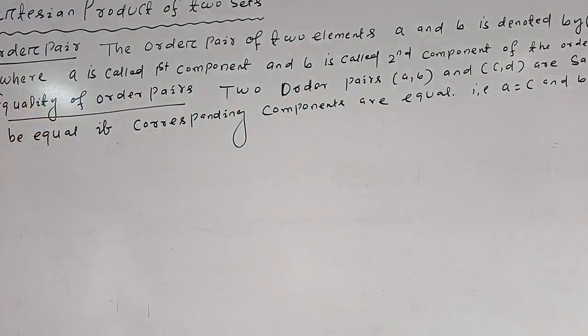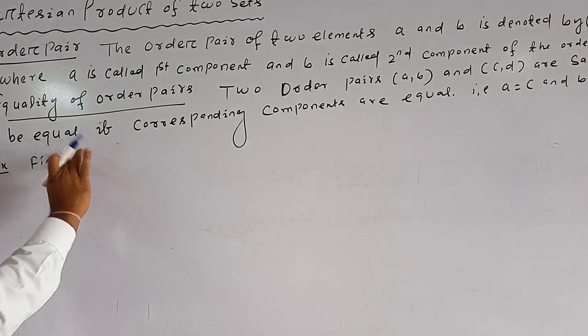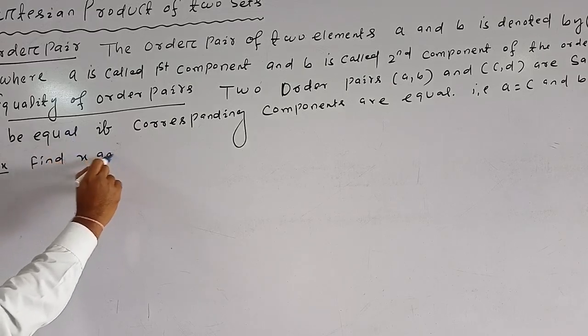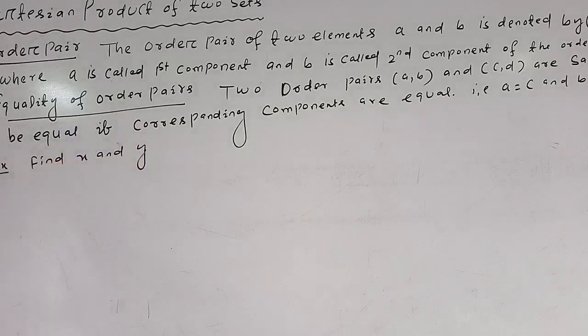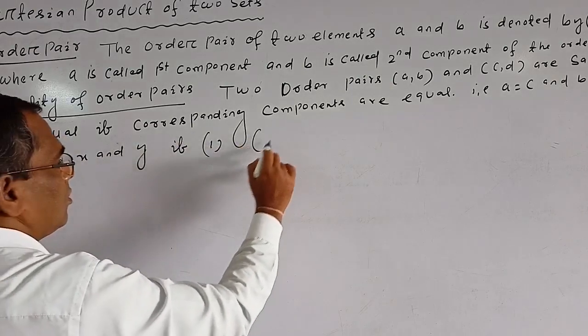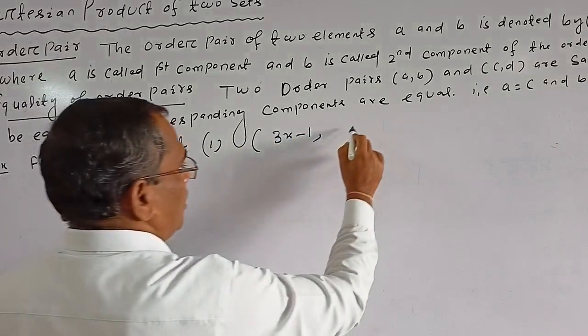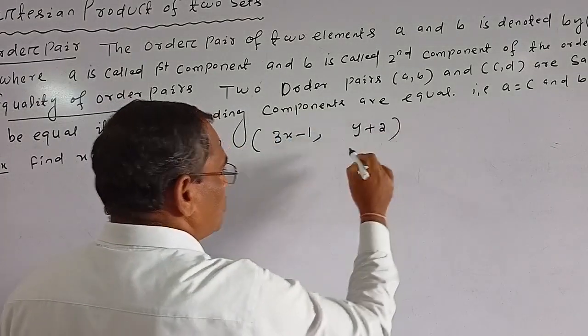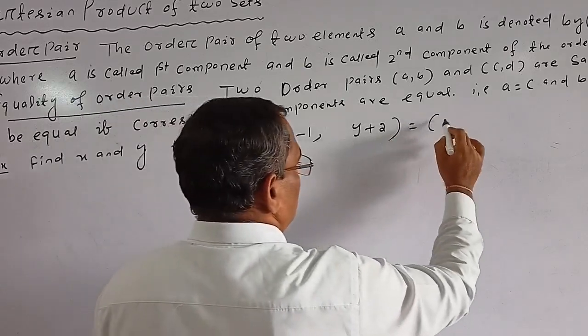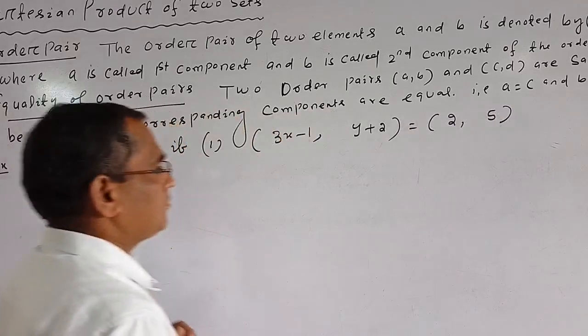Okay. So for example, find x and y if number 1, the ordered pair (3x minus 1, y plus 2) is equal to (2, 5).